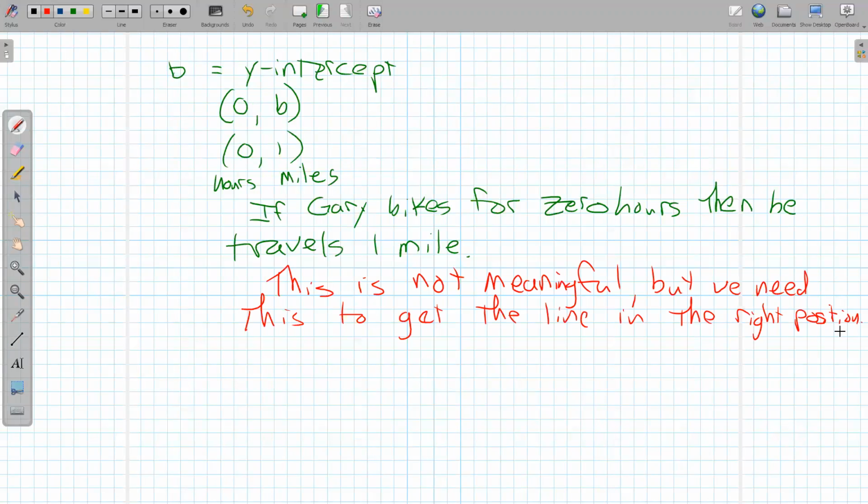So sometimes when we try to explain what the y-intercept means, we find it doesn't really have a meaning. However, we just need it to make the right kind of predictions.